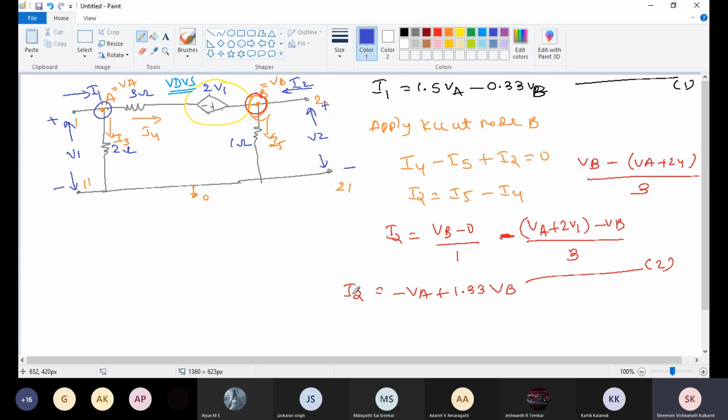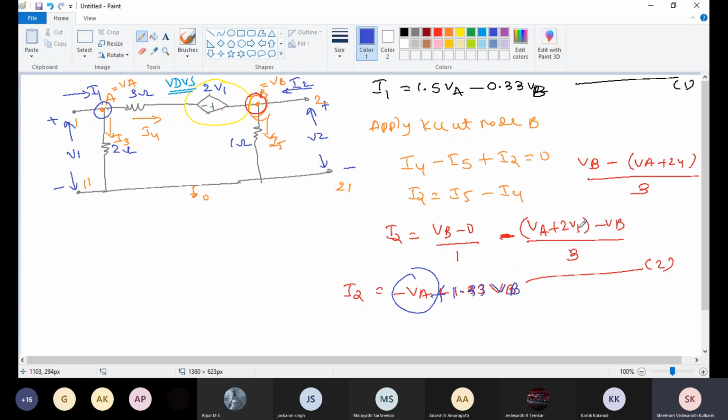See, after simplifying, I'll get I2 as minus VA plus 1.33 VB. Sir, 2V1, sir. That only after simplifying.